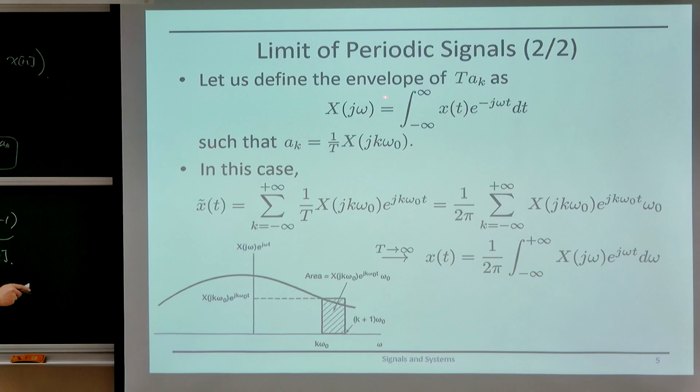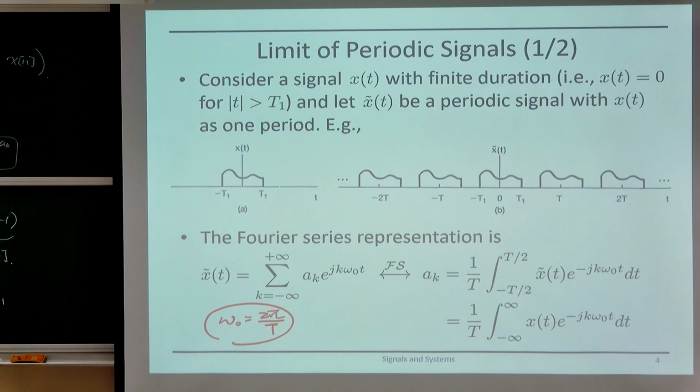So if you define this integral as capital X of j omega, then what you have here is this capital X evaluated at k omega naught.